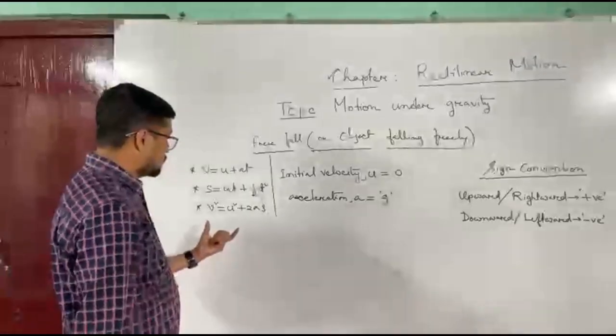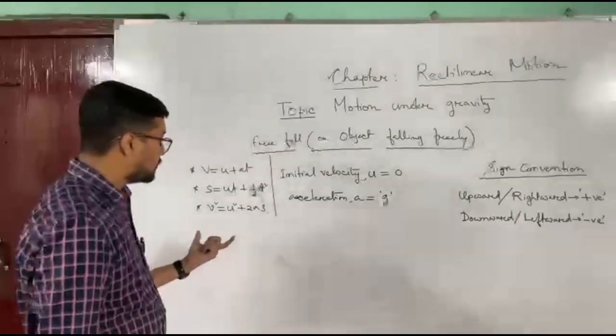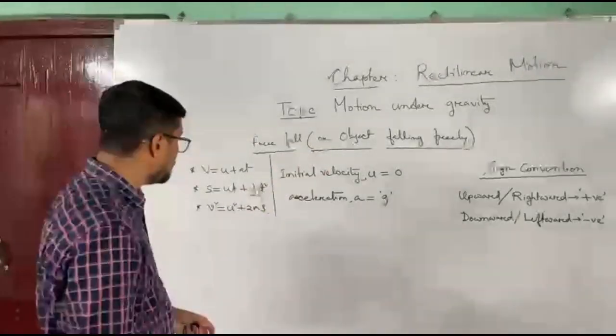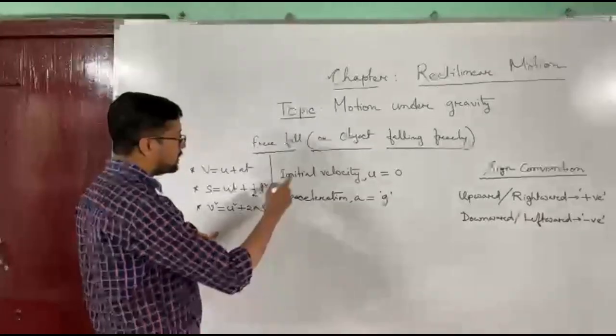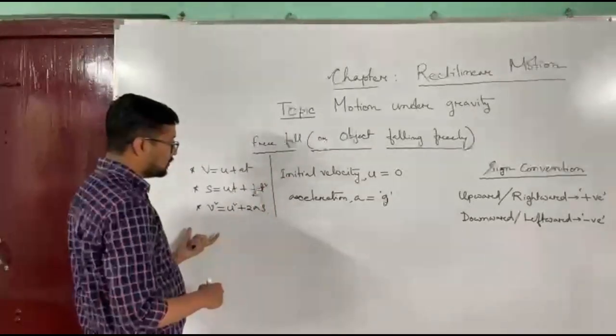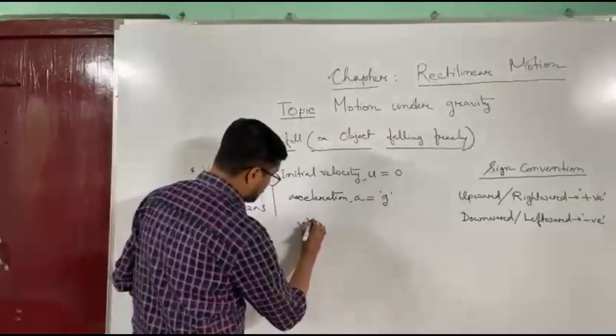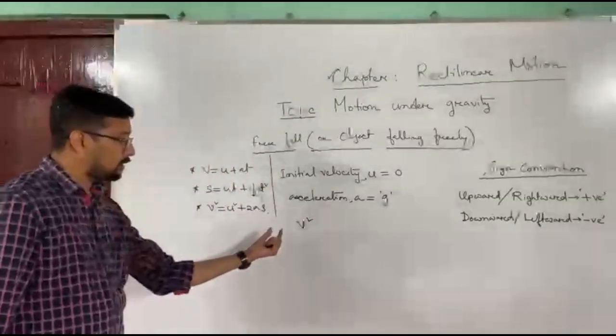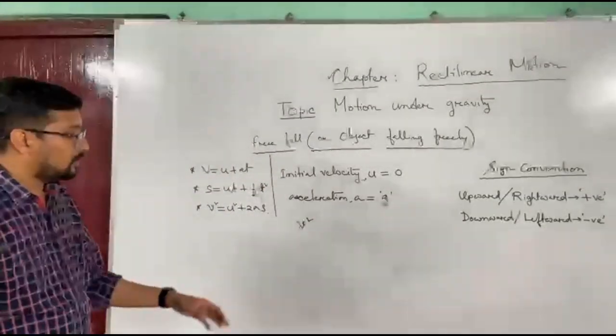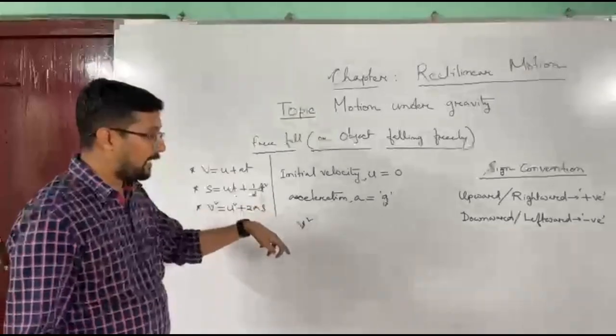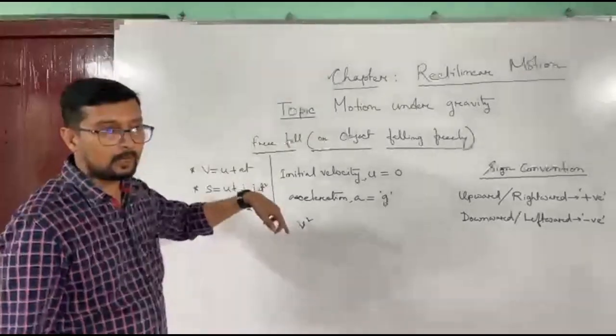So the third equation, now rewrite the third equation for objects falling freely. Let us write it as v square. Now see, velocity is in the downward direction. This v is the final velocity, which is in the downward direction.